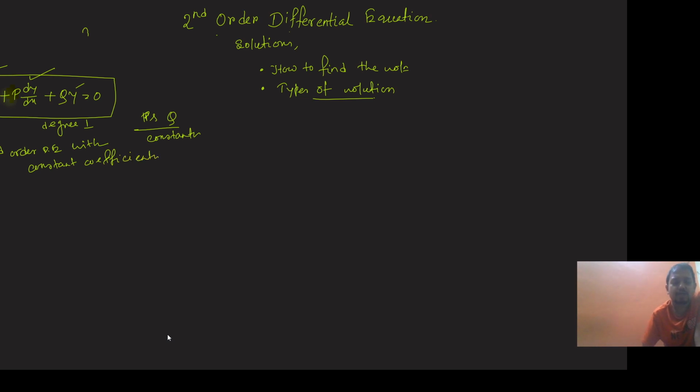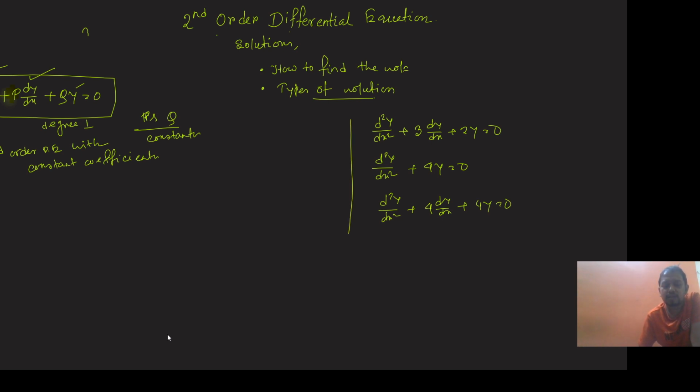So if we take some examples of linear second order differential equations with constant coefficients, like d2y/dx2 plus 3 dy/dx plus 2y is equal to 0, d2y/dx2 plus 4y is equal to 0, and d2y/dx2 plus 4 dy/dx plus 4y is equal to 0.